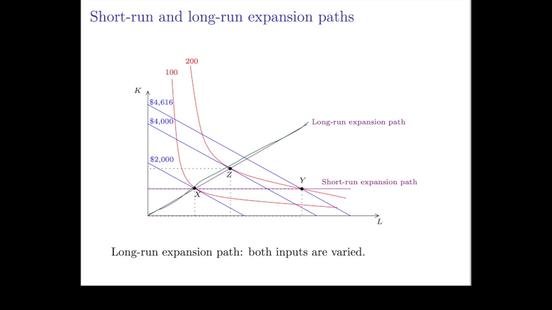And that's why we see this demonstrates that you have greater flexibility in the long run than you do in the short run. So to get to the same level of 200 output, you're going to be here on the expansion path in the short run, whereas in the long run, you're going to be at this point here, which is on a lower isocost line.